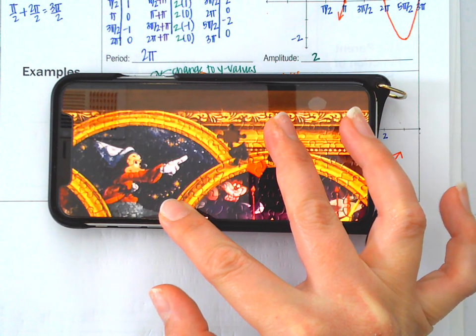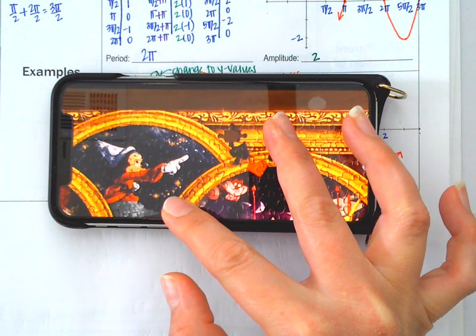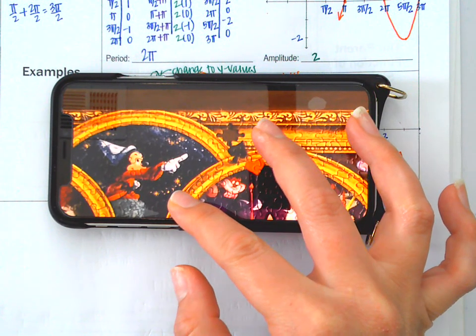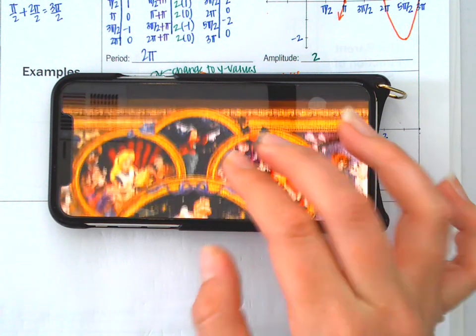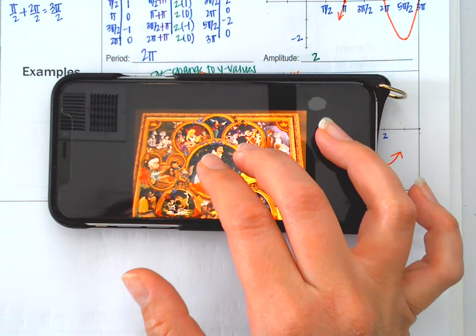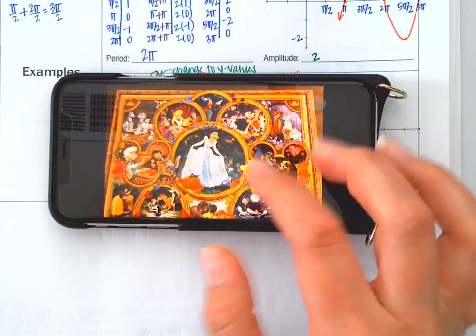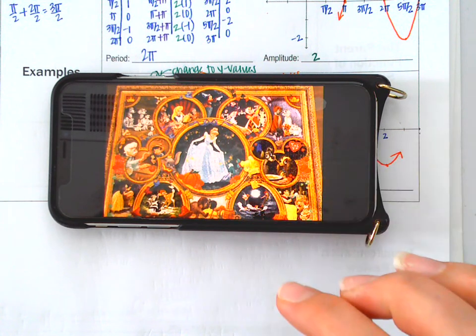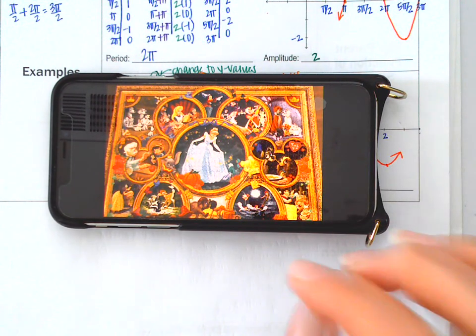And I have looked everywhere for that. And I don't know where it is. I've decided it didn't come in the puzzle. And I'm very sad about it, but that's okay. It's still a cool puzzle. So, yay for that. On to the next one.